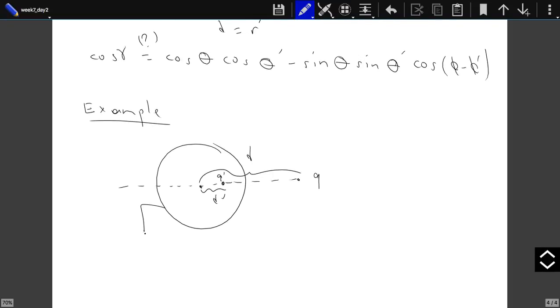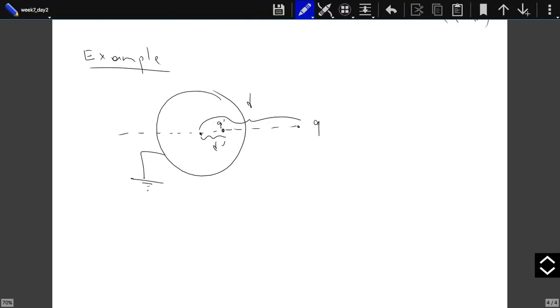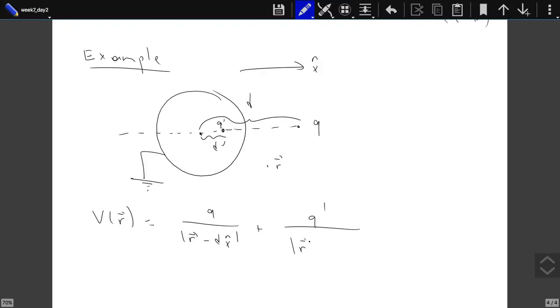And it is a grounded sphere. So if we just pick up any point over here, this r, just for simplicity, let's choose this to be our x-axis. The potential at the point r is just q over |r minus d x hat|, the distance from the plus q charge, plus q prime over |r minus d prime x hat|, the distance from the image charge.